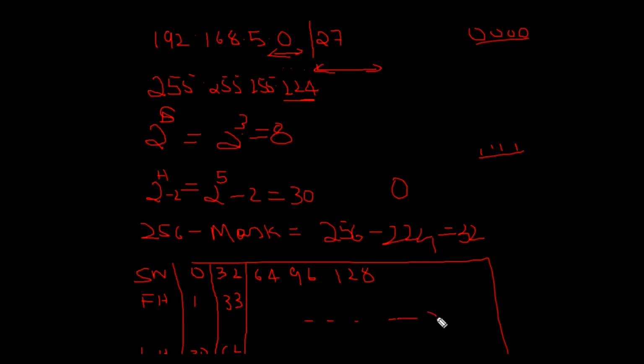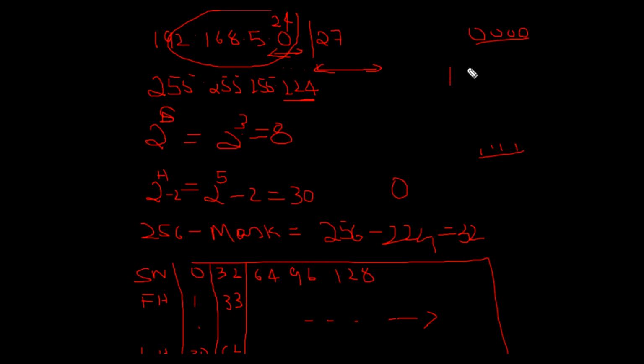It proceeds like this. Suppose I give the IP address 24 and ask you to find the subnet for this one, then you can see 24 comes somewhere here. So what is the subnet?